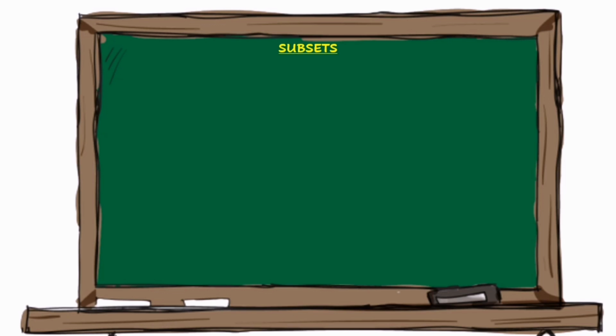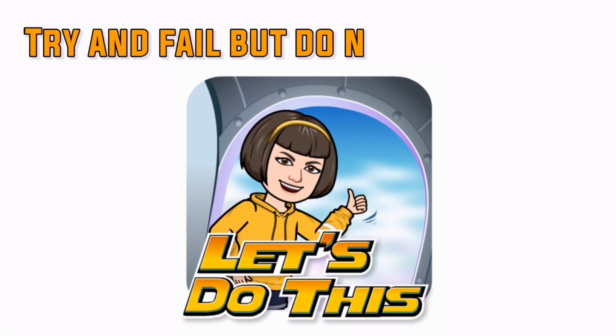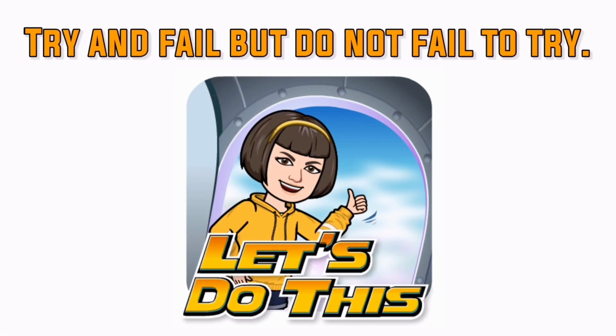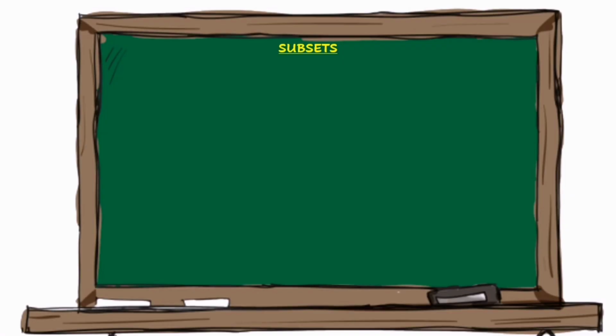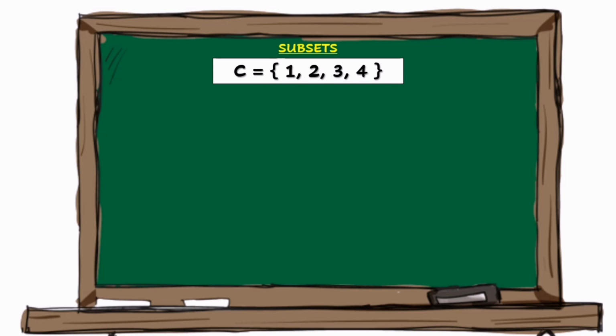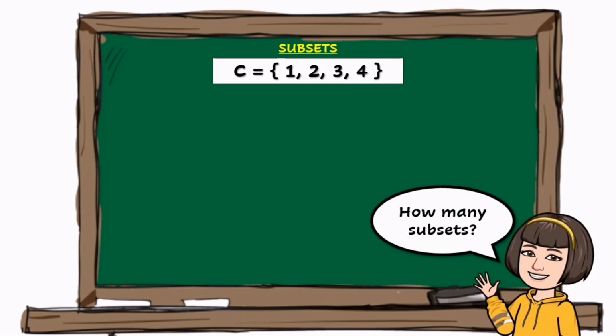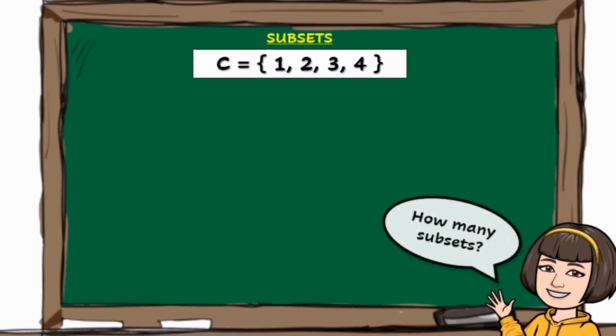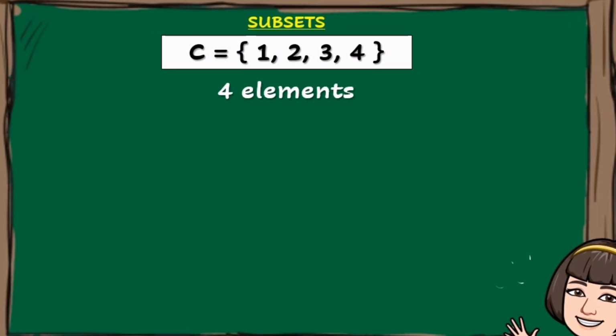Let's try another example. Try and fail, but do not fail to try. List all the subsets of the set C with elements 1, 2, 3, and 4. How many subsets do you think there are? If we examine set C, we can say that there are 4 elements.